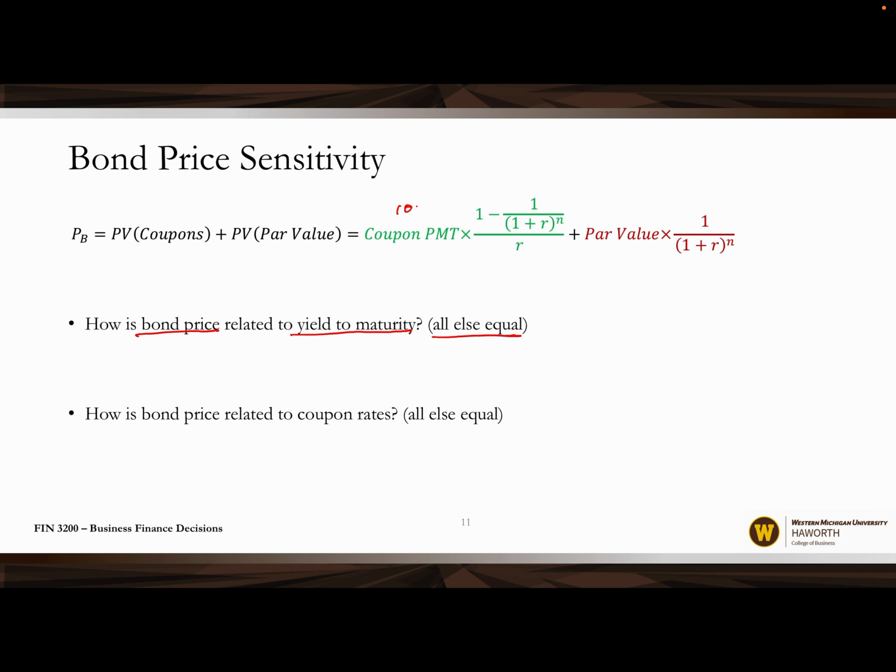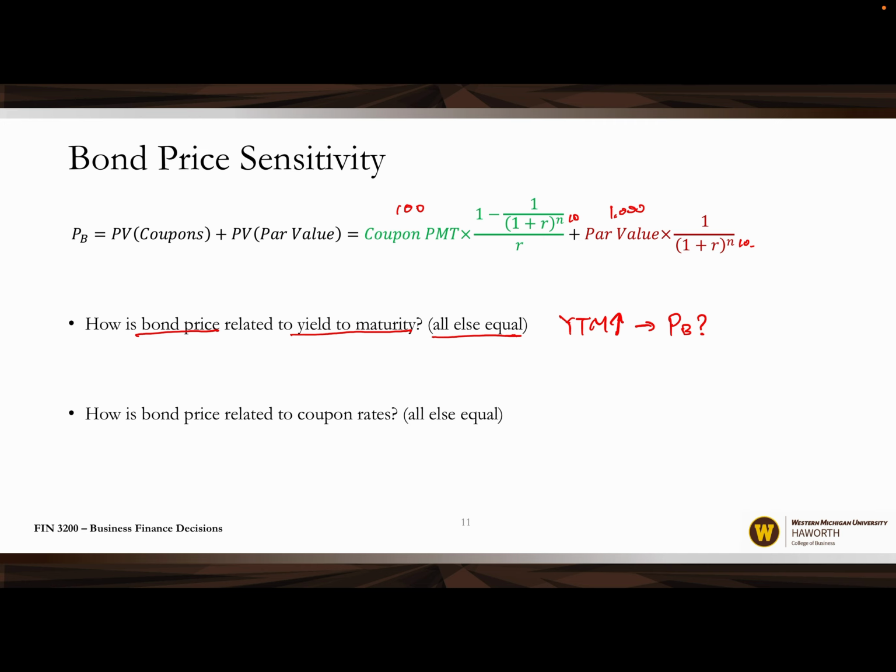Let's say the coupon payment is $100, the N is 10, the par value is $1,000. So it's asking, if the yield to maturity goes up, what should happen to the bond price? Should it go up or down?